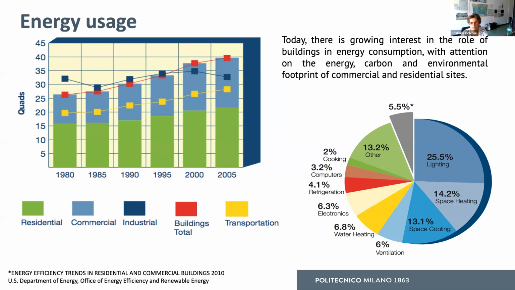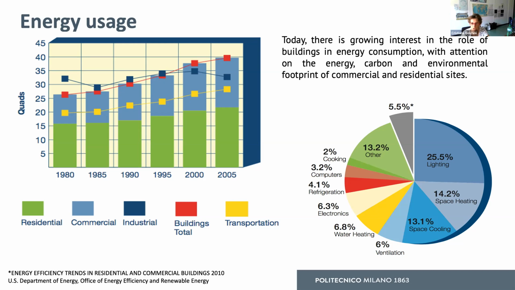If we take a look at the right-hand side chart, we see within a building where the energy is spent. For sure, as we might expect, a lot of the energy and the effort is spent on the lighting of the spaces. The space heating and cooling is related to where the building is placed within a country and the characteristics of the environmental conditions in that country within the seasons, but still it amounts to 27% altogether.